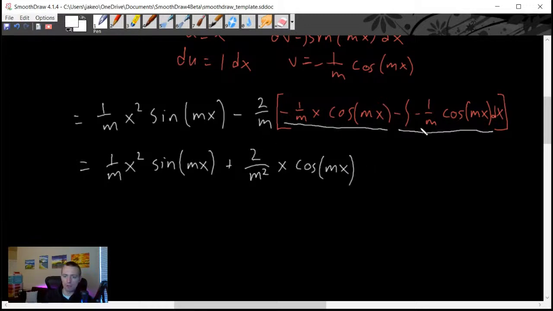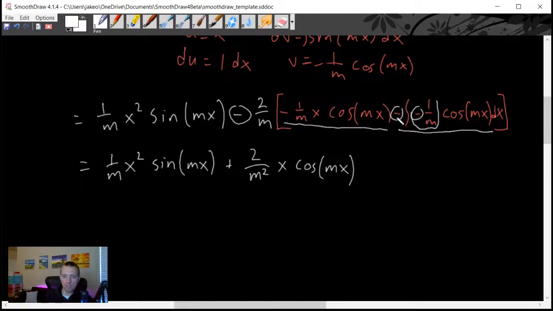And then negative 2 over m times negative, and actually let's go ahead and pull this negative 1 over m out of our integral, because it is just a constant. We can just pull it out like that. So pulling that out, we're going to have a negative here, a negative here, and a negative here.